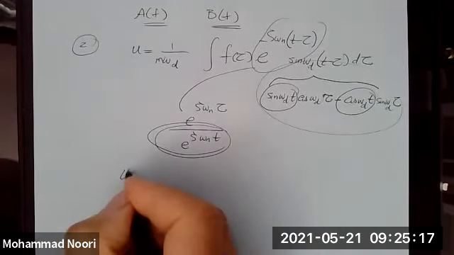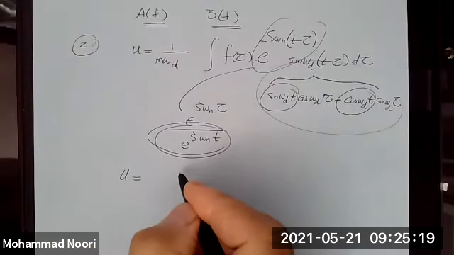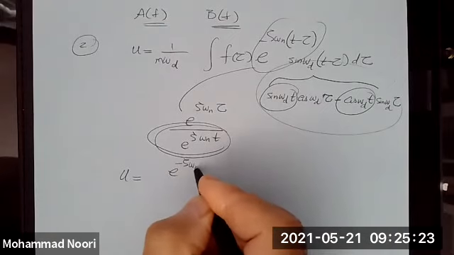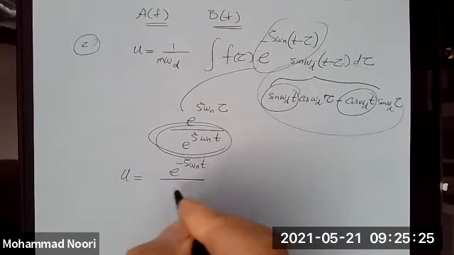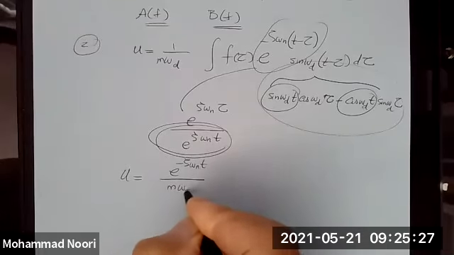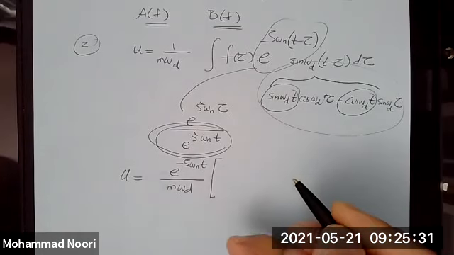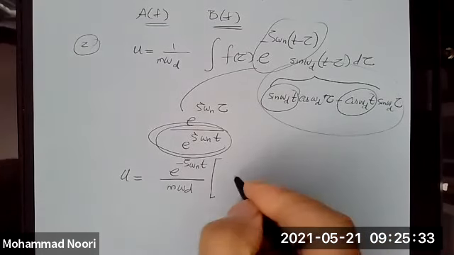So u becomes e^(-ζωₙt) divided by mωd, then you have these integrations to perform.